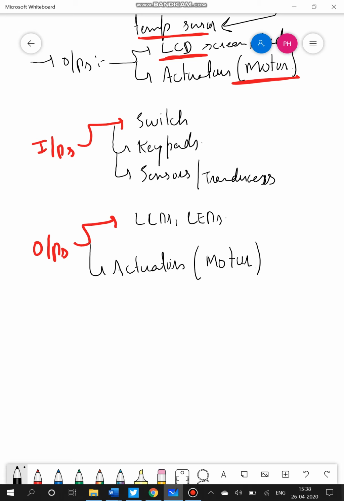And now what we mean by interfacing: basically our microcontrollers are digital devices, they use TTL logic. That means they only recognize two voltage levels, 0 volts for low and 5 volts for high. These input devices, sensors, transducers, LCDs, LEDs, actuators, motors may not necessarily run on 0 and 5 volts only.